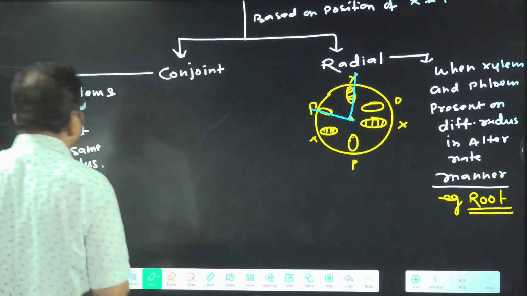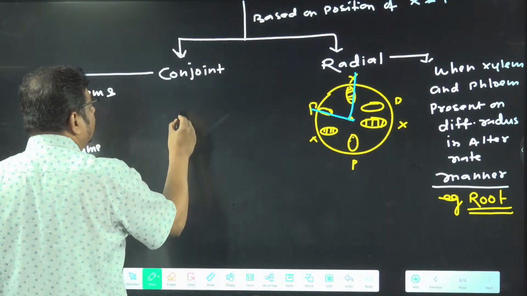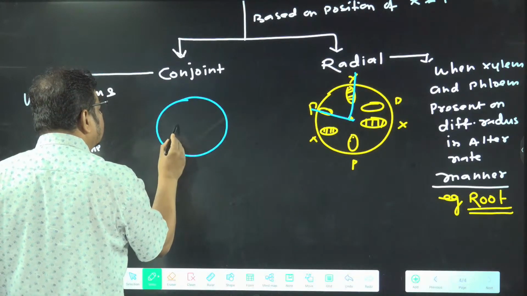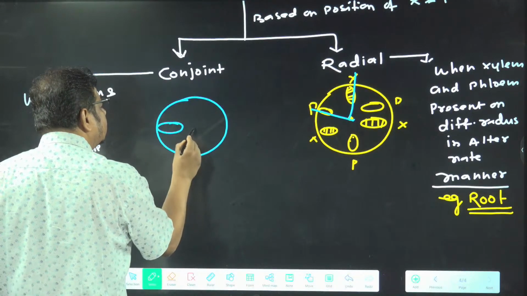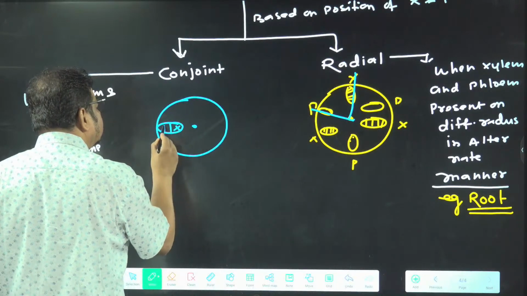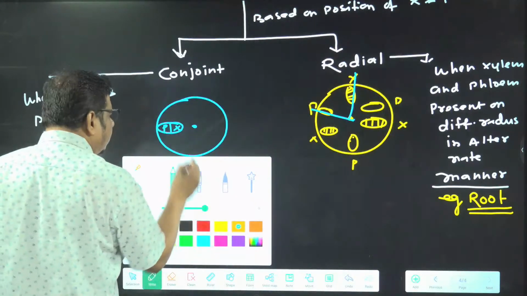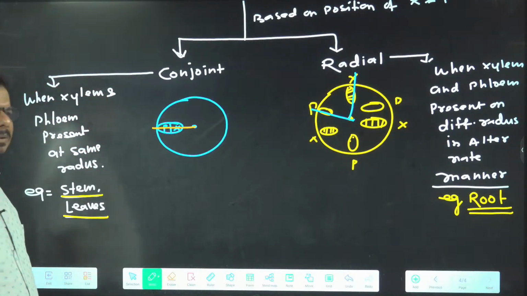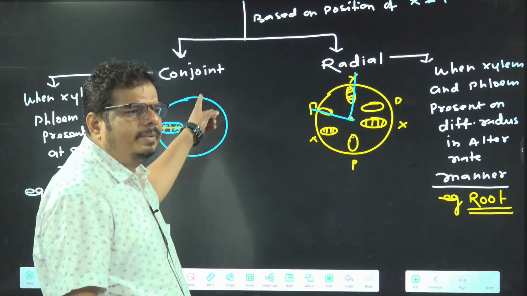So you got the idea. I am just telling you conjoint. Have a look here. What is the meaning of a conjoint vascular bundle? This is the center, this is the xylem, this is the phloem. When xylem and phloem are present on the same radius, that particular vascular bundle is called a conjoint vascular bundle.